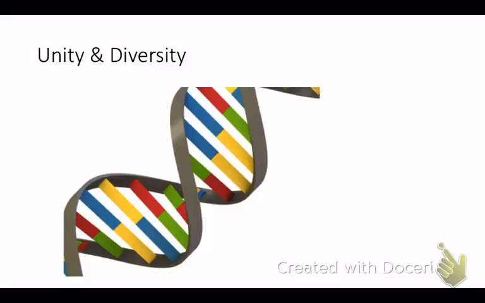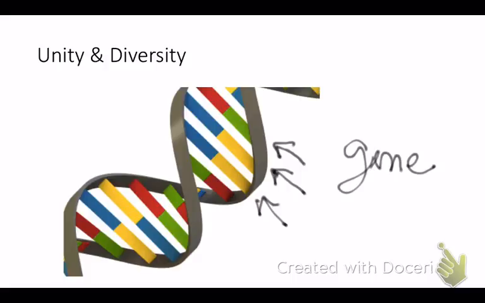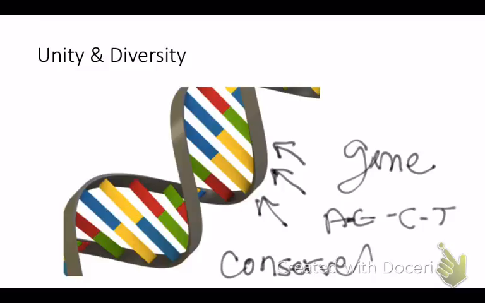And the way it does it is by having the same sequences and the genes. The gene is going to be the sequence of those ATGC. Okay, so the DNA nucleotide sequences make up the genes, and those genes are highly conserved. What does that mean, to be conserved? Protected, saved. So they're the same.